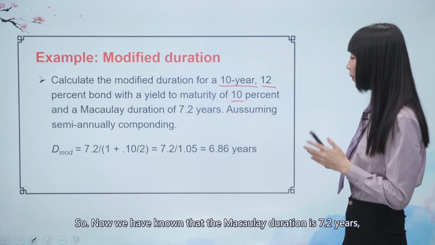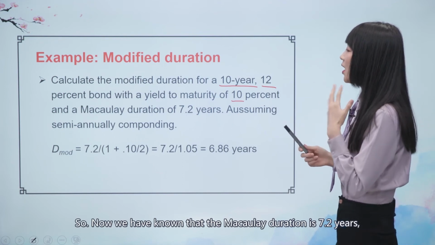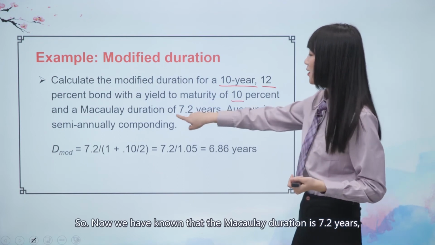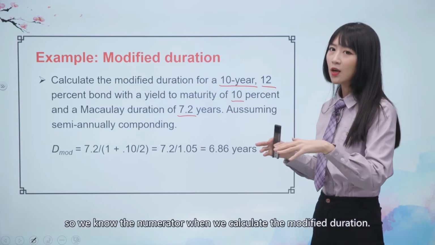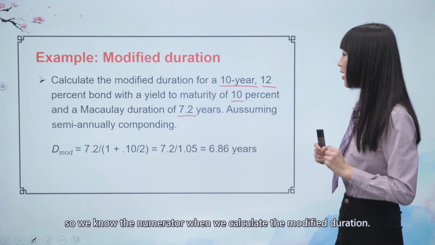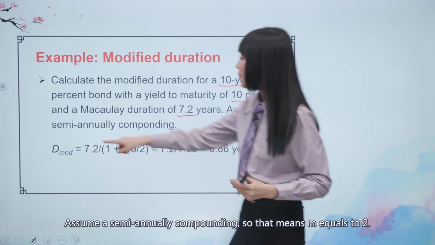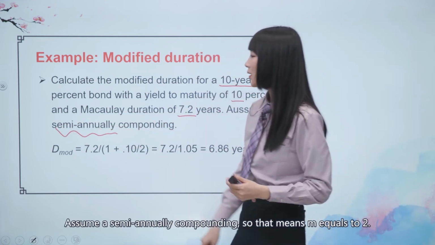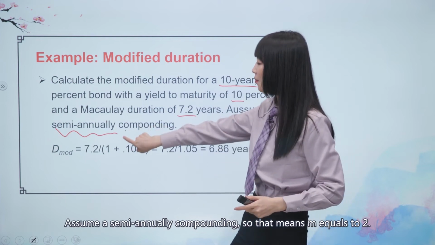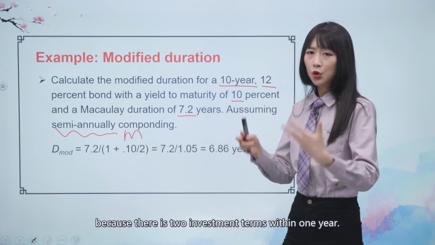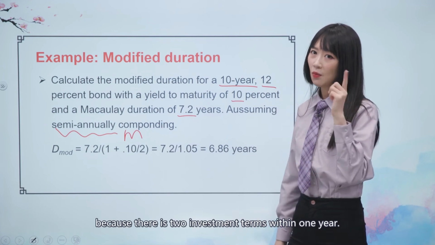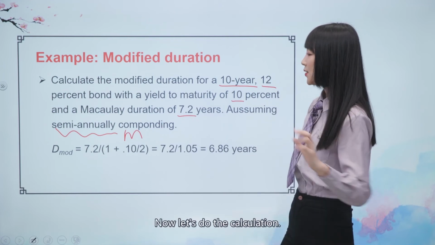Now we know that the Macaulay duration is 7.2 years. So we know the numerator when we calculate the modified duration. And assume semi-annual compounding, so that means M equals 2 because there are 2 investment terms within 1 year. Now, let's do the calculation.